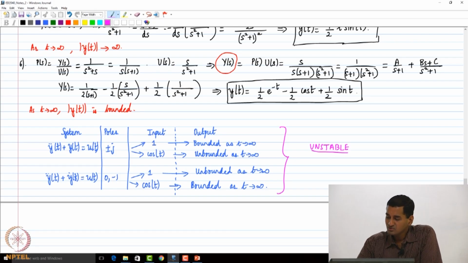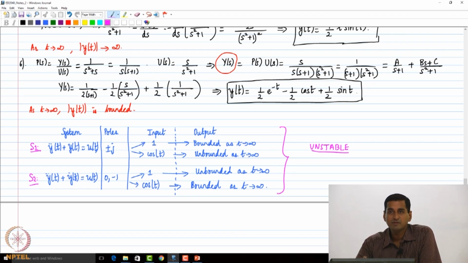But it so turns out that the first system, let me call them S1 and S2, the first system S1, the output is unbounded only if we give a sine t or a cosine t as the input. For a unit step input or any other bounded input like a sine or a cosine of any other angular frequency other than 1, you can show that the output is going to be bounded.